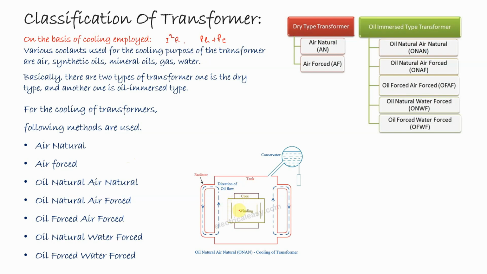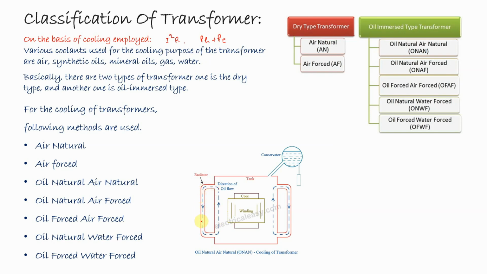When the transformer generates heat, this heat makes the oil heated and the oil expands. Its volume increases. As a result, this oil will flow through the radiator, which is the tube of the transformer that we can see in distribution transformers in our locality.